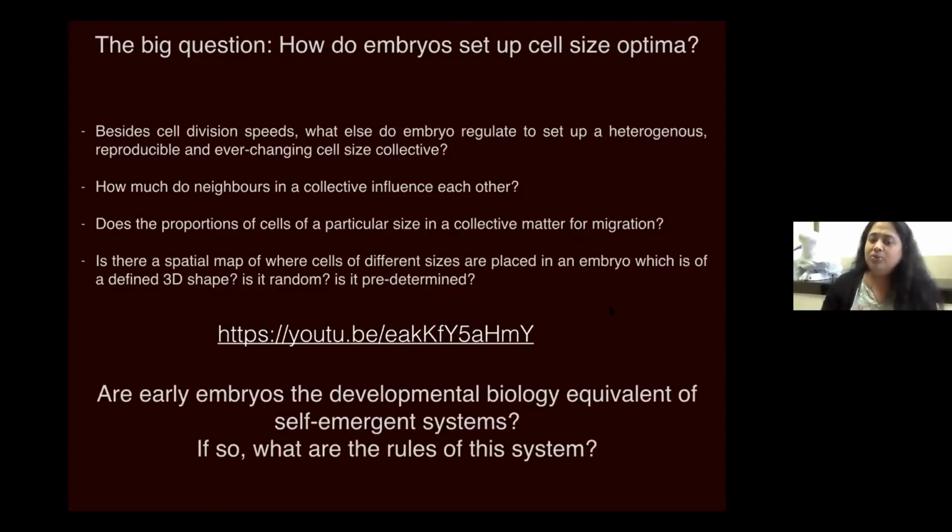The way we are thinking about these things right now is maybe early embryos, and in biology such self-emergent systems are known. So ant behavior, for instance, is a self-emergent property.